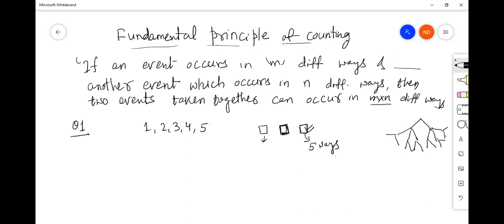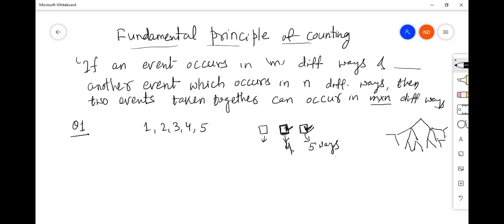So the remaining four digits can be placed in the second place, tens place. So the tens place can be filled with any one of the remaining four digits. Now you are placing one digit out of five in units place, and in tens place, any one of the four digits. So we are left with three digits now.